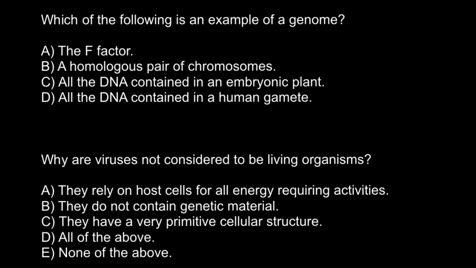This is not, of course, sexual reproduction, but at least in the imagination of the scientists, it resembles it. And of course, the F factor represents only a small portion of the whole DNA that can be found in bacteria.